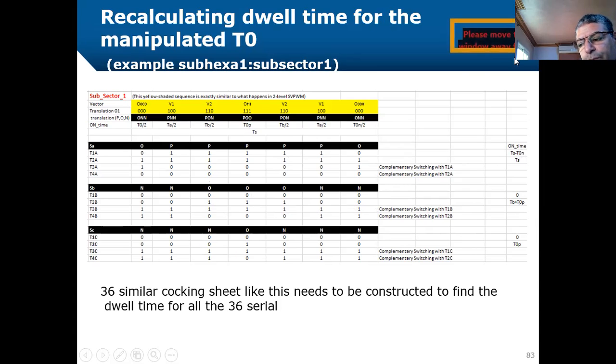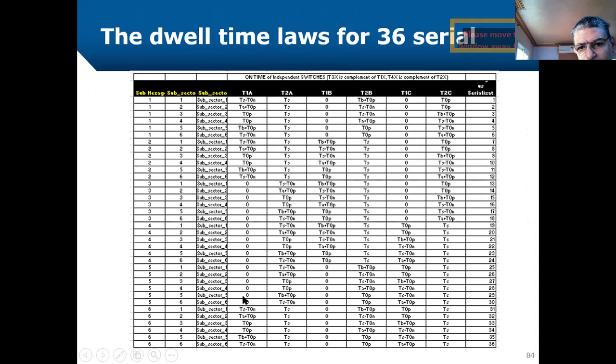So we need to repopulate the table with the new dwell times based on the uneven division of the zero vector time between the T0N and T0B. Okay, so we should have a new table like this where you can find T0N and T0B.